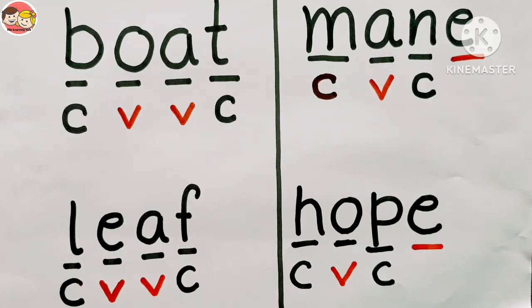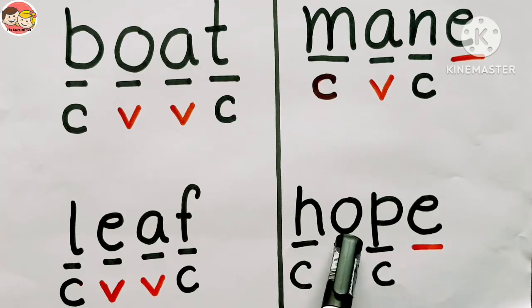Now next, H-O-P-E. There are two vowels, O and E. So the first or middle vowel is going to be a long sound. Very good. And E will be shh, silent. Very good.